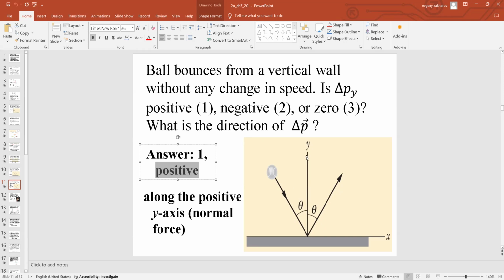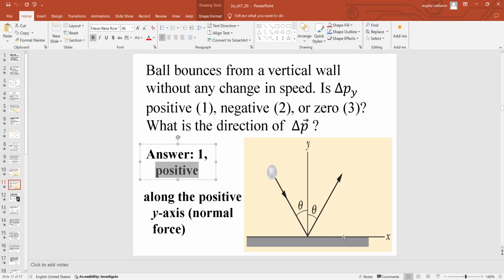direction for the change in momentum, which makes normal force the suspect for this kind of a change, and that's exactly the force that will change our momentum. You got the change is vertical. Remember, normal force is perpendicular to the surface.